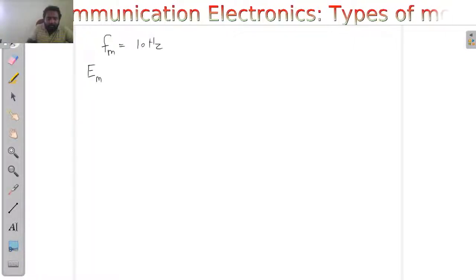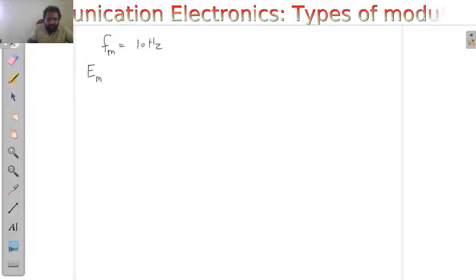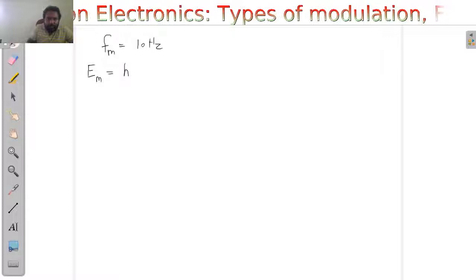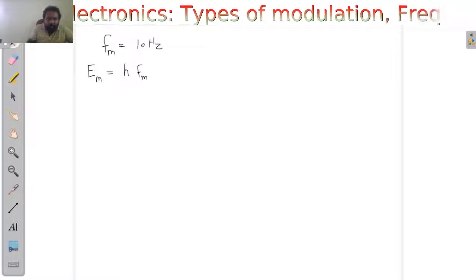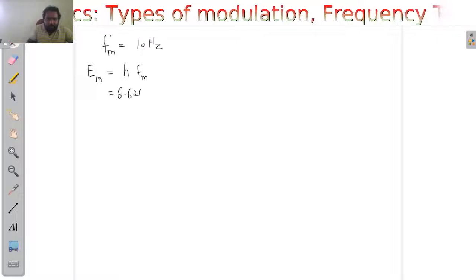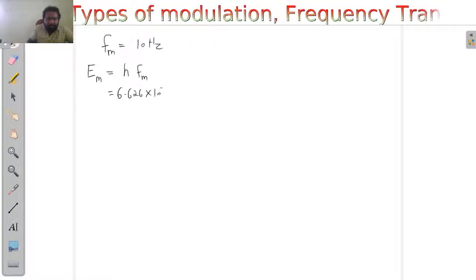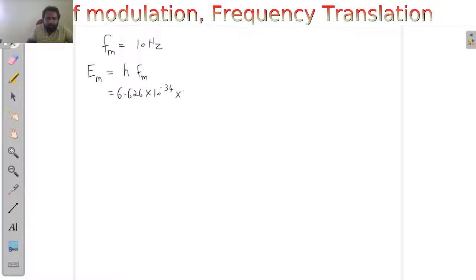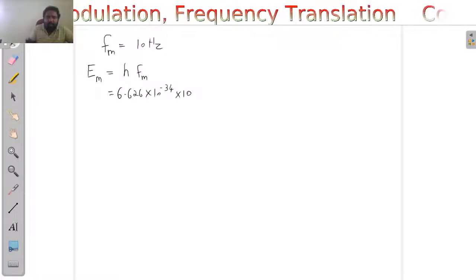So I'll designate that as EM, and EM is equal to Planck's constant times FM. So I can substitute 6.626 times 10 raised to minus 34 and times 10 hertz.